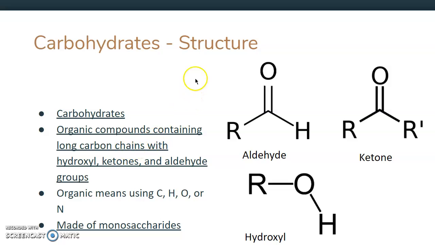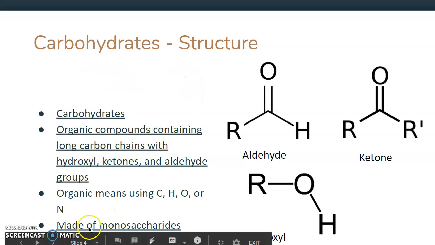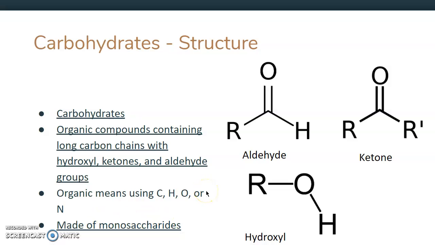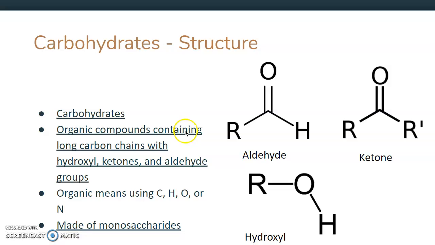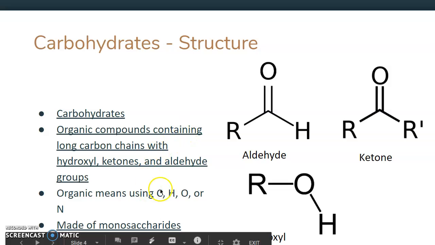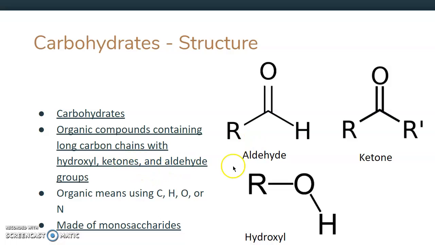And also that to make up carbohydrates, we have a bunch of monosaccharides, or this is also a term for a sugar, a simple sugar, but the scientific word we'll be using is a monosaccharide. But also going back to our definition of what a carbohydrate is, it's these organic compounds which are full of carbon, hydrogen, oxygen, and nitrogen with these three different kinds of groups.